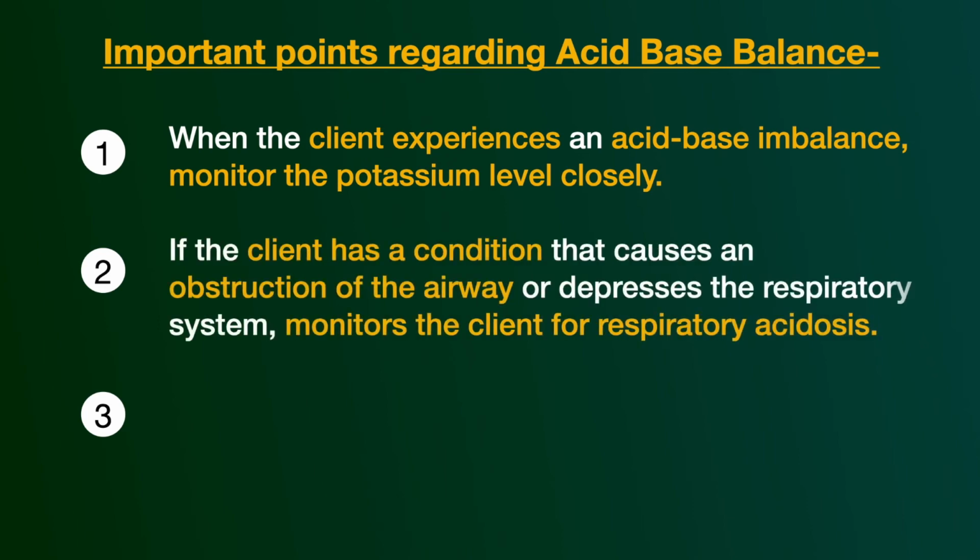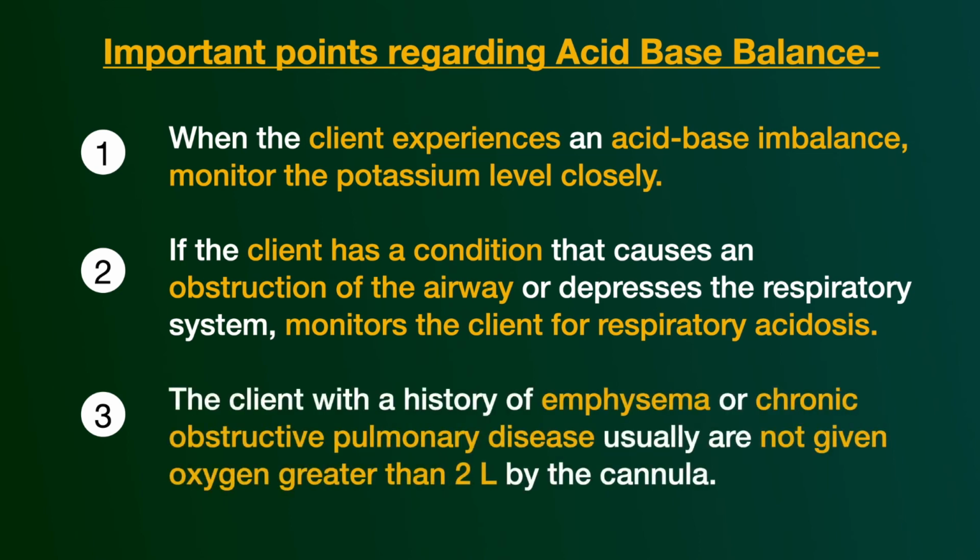If the client has a condition that causes an obstruction of the airway and depresses the respiratory system, monitor the client for respiratory acidosis. Point number 3. Clients with a history of emphysema or chronic obstructive pulmonary disease usually are not given oxygen greater than 2 liters by cannula because high levels of oxygen in the blood may decrease the stimulus to breathe, leading to CO2 retention and causing respiratory acidosis.